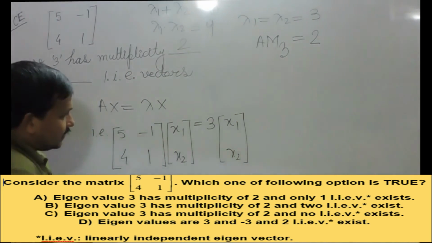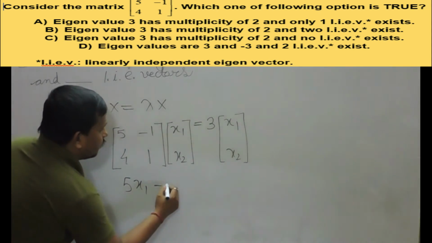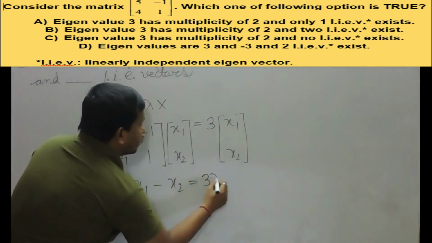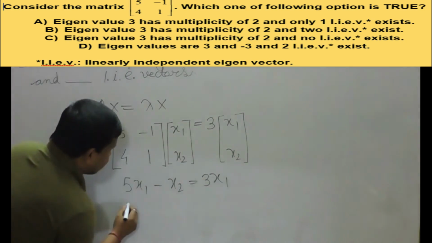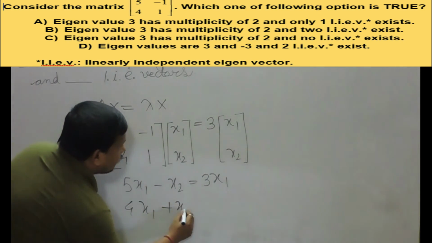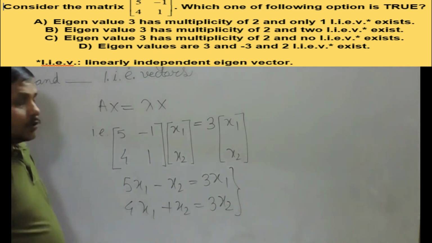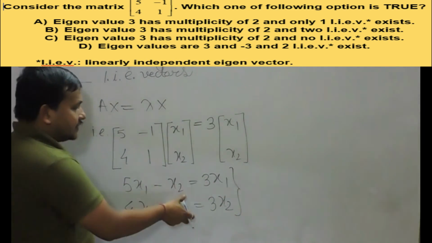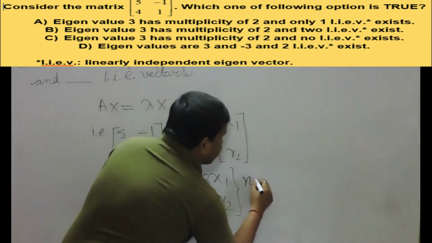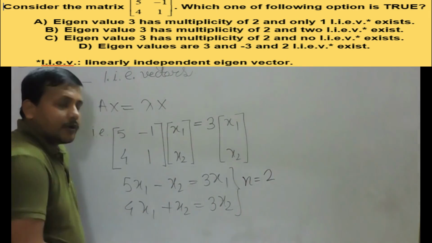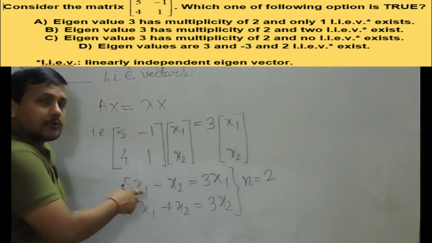By matrix multiplication, you get two equations: 5x1 minus x2 equals thrice x1, and 4x1 plus x2 equals thrice x2. You have exactly two equations, equal to the order of the matrix. However, you should now simplify them.